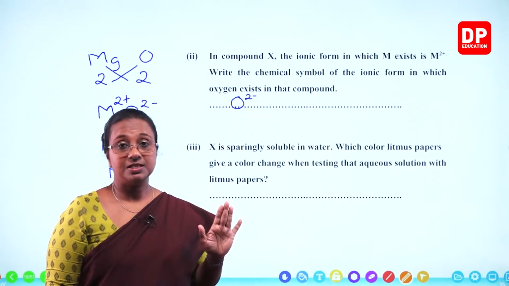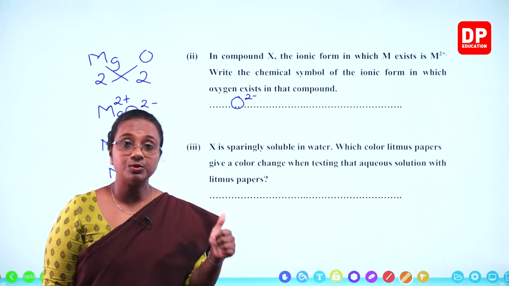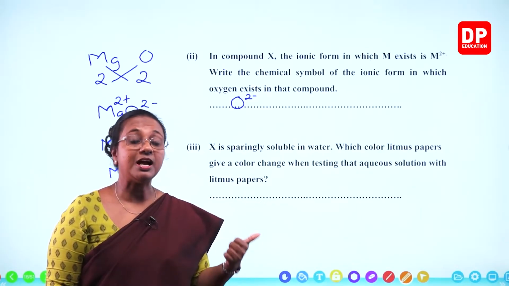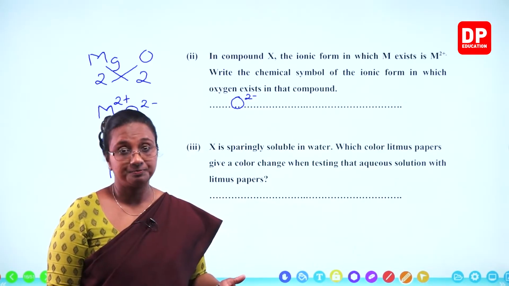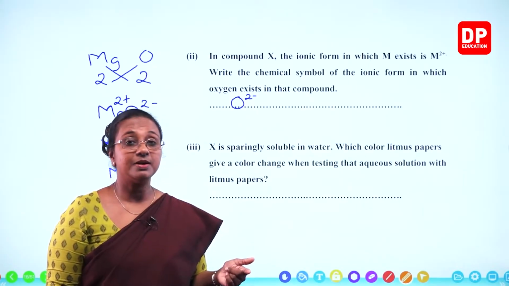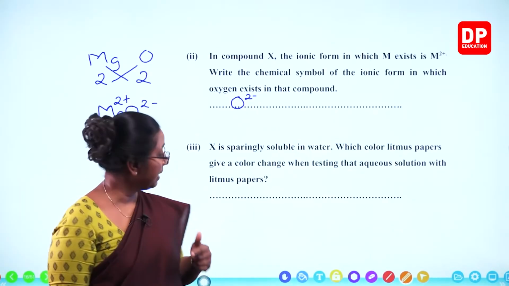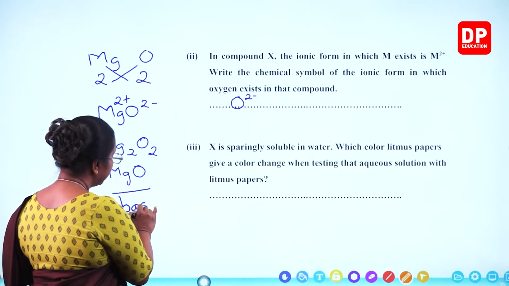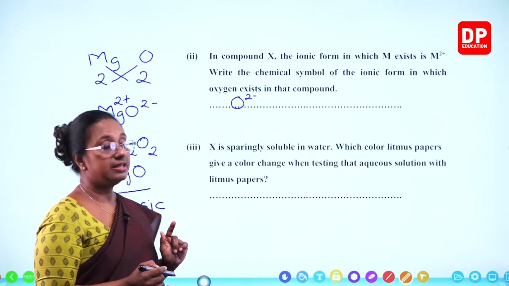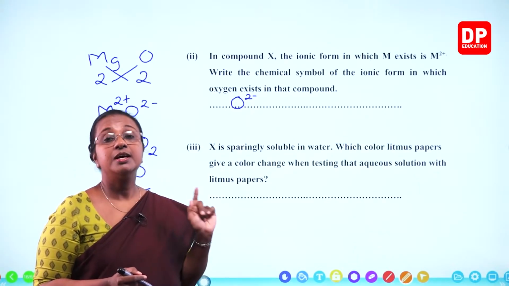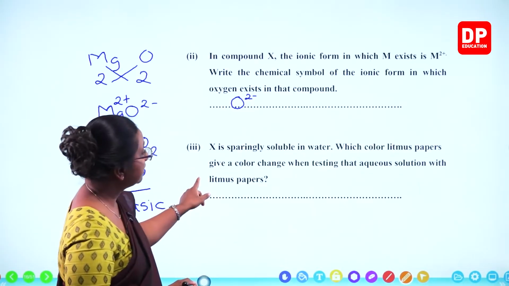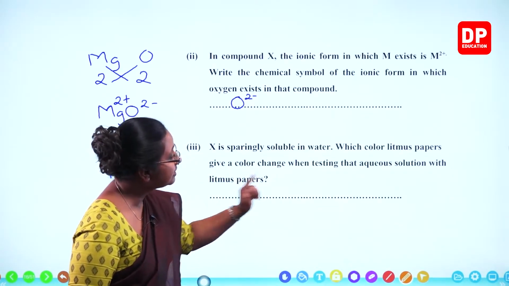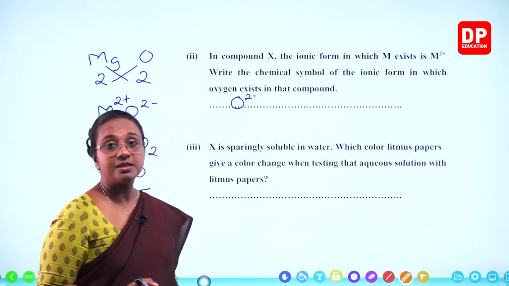And what is the litmus? There are two colors, one is blue litmus, the other one is red litmus. Now blue litmus becomes red color with an acid, whereas the red litmus gives a blue color with bases. So here, since magnesium oxide is basic, in order to identify that it is basic, we need to use a red litmus. So here they have asked which color litmus papers give a color change when testing that aqueous solution with litmus papers.